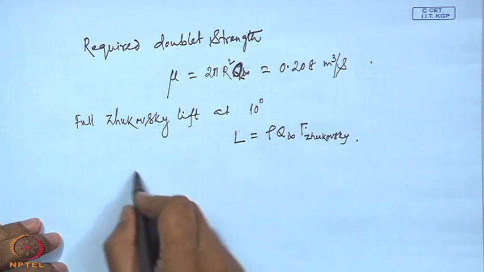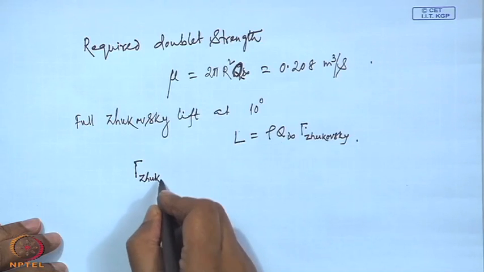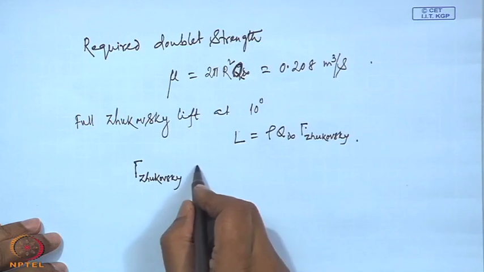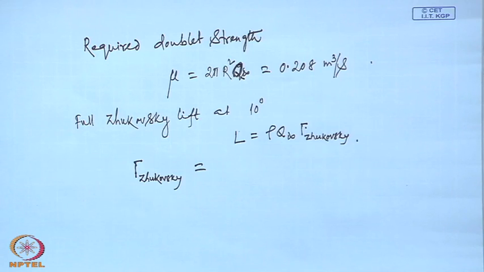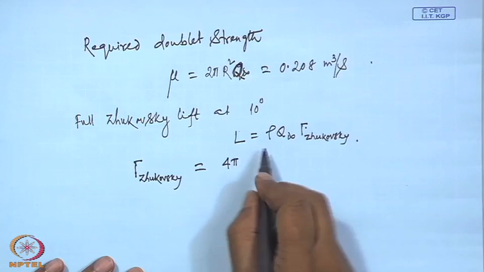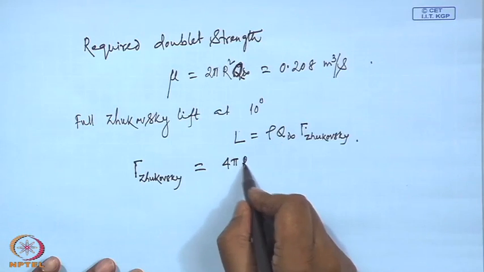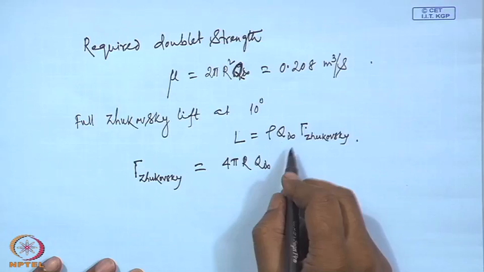This is what is given by the Kutta condition. How much is that? 4 pi r q infinity sin alpha plus beta.